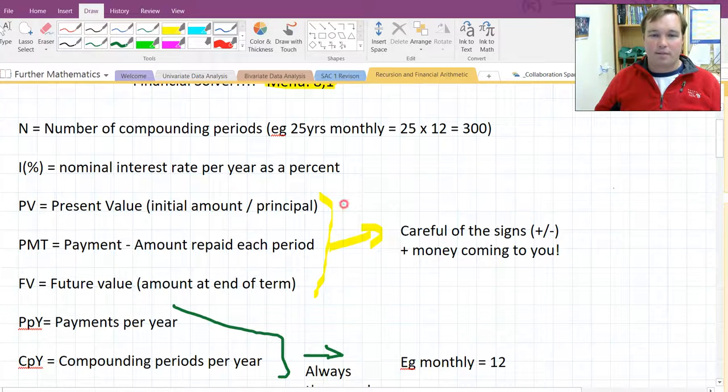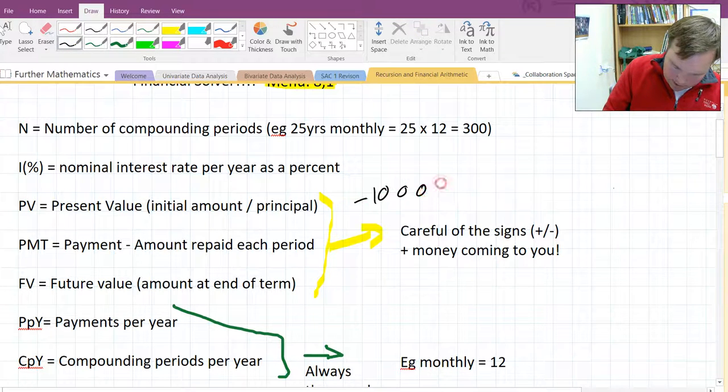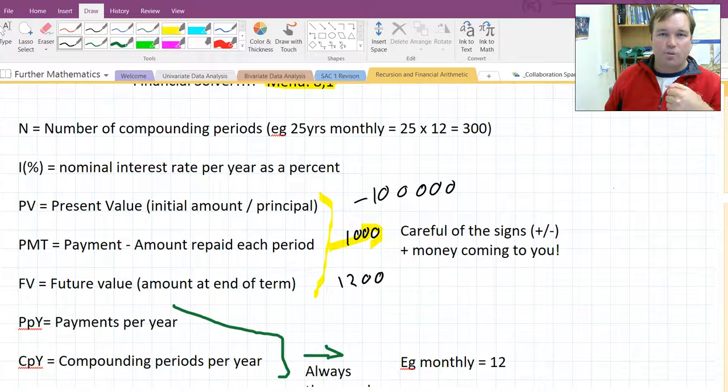I would be putting in present value of minus 100,000. Every month, we decided they paid me $1,000. That's positive. Payments would be $1,000. At the end of the term, I get another $1,200.